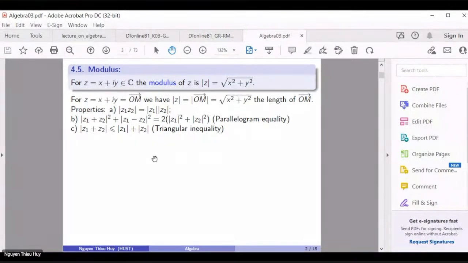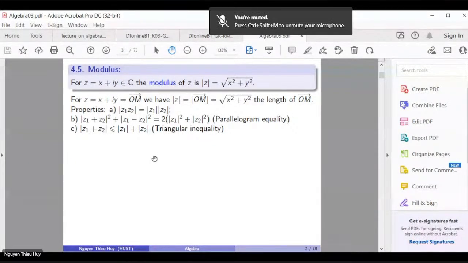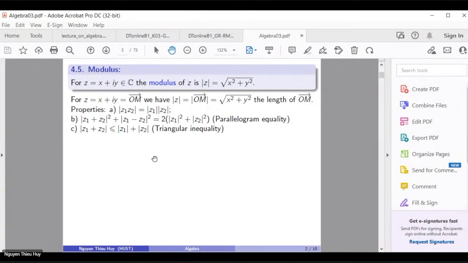You see that actually we can compute addition and multiplication with complex numbers exactly in the same way as what we did for the real numbers. And we have to pay attention to the fact that i square equals minus 1. So this is what we have to take into account when we are working with complex numbers.